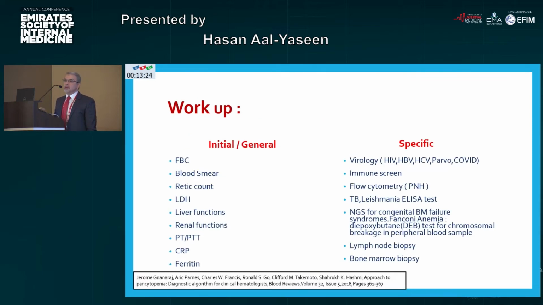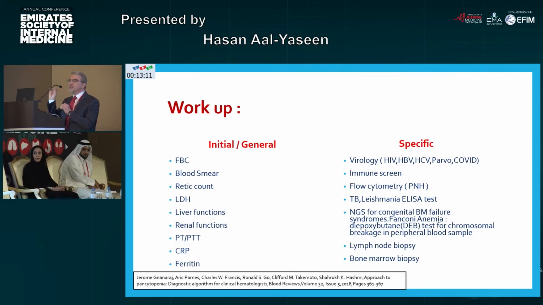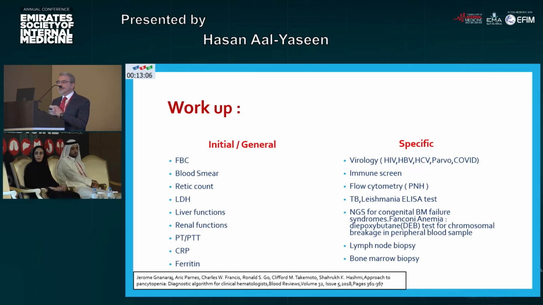Now, how do you investigate a patient with pancytopenia? There are some basic required investigations that should be done with each case of pancytopenia, and from there you go to your specific workup. So, of course, a full blood count, and then a peripheral blood smear, retic count, possibly LDH.